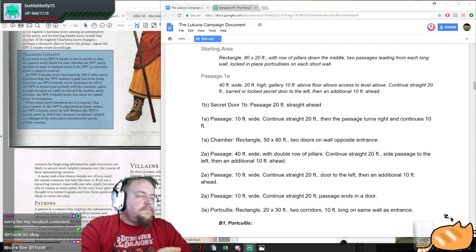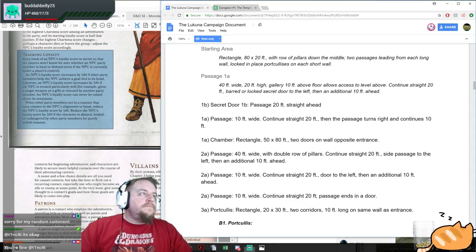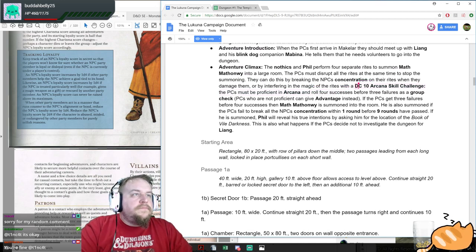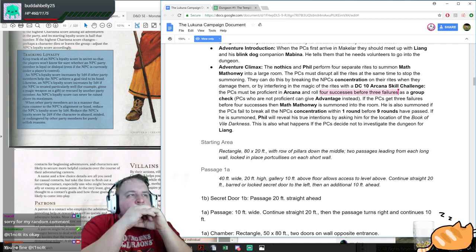So, with the DC 10 Arcana skill challenge, the PC or PCs who are proficient in Arcana need to roll 4 successes before 3 failures. And this is a mechanical consideration as well as a story one, because they need 4 successes because there are 4 rites.